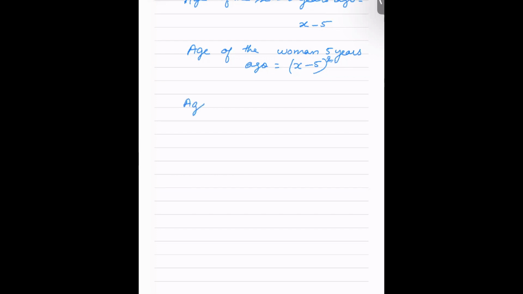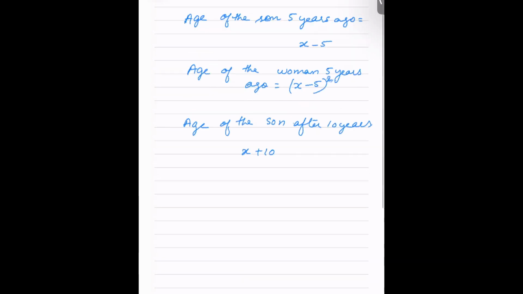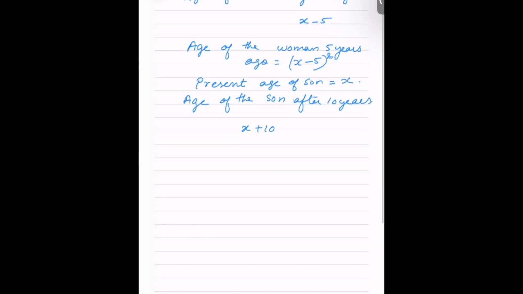Age of the son after 10 years is going to be x plus 10, because present age of the son is x. And what is the age of the son after 10 years? That is x plus 10.